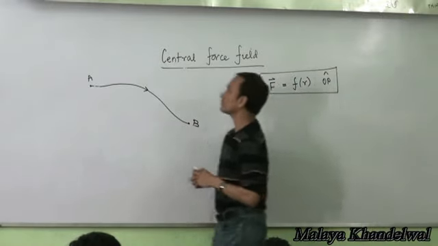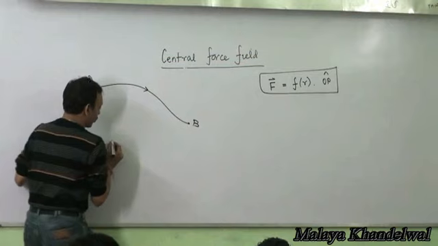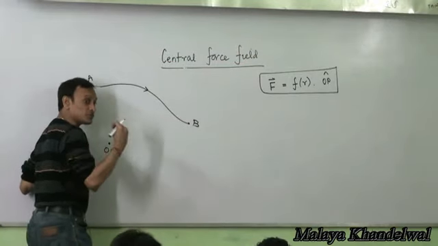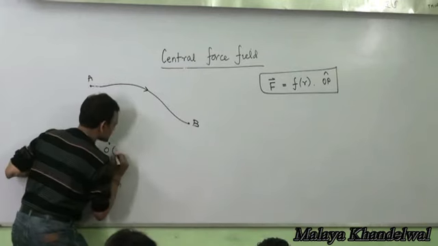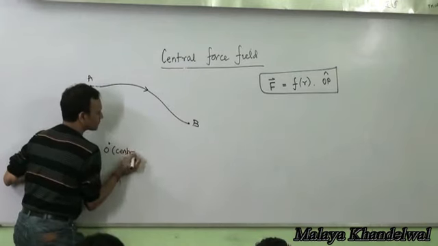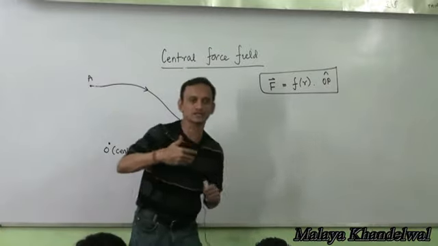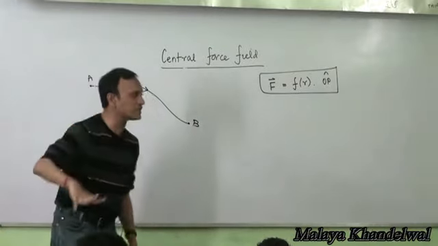Now, obviously, first of all, this fixed point O, we'll call the center. It's not like the center as in a circle, but we'll just refer to this as the center.